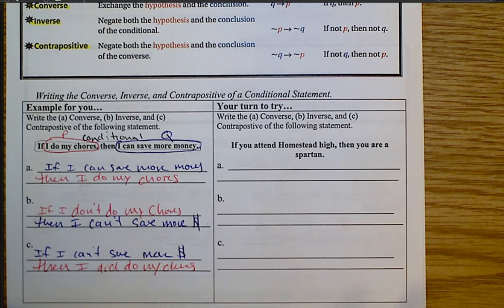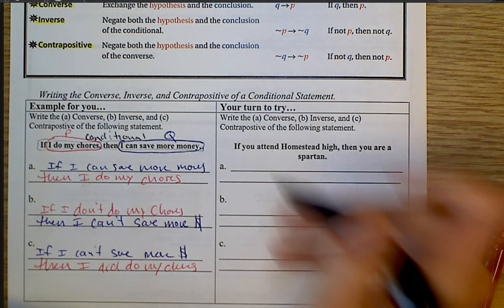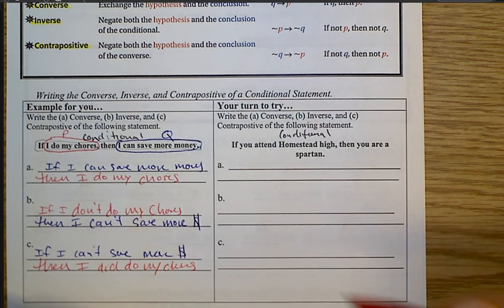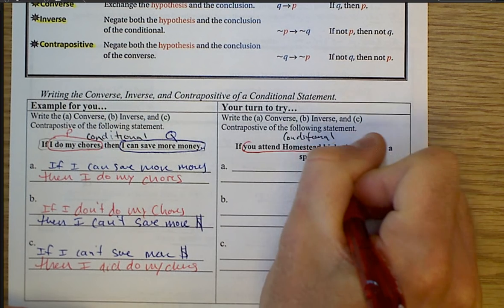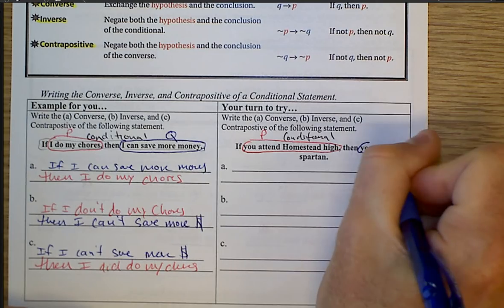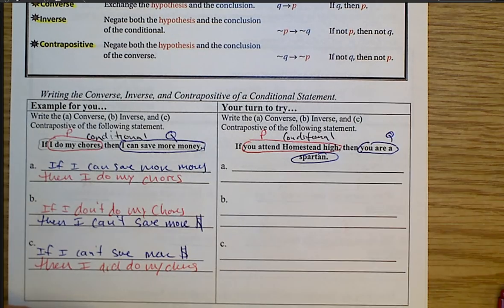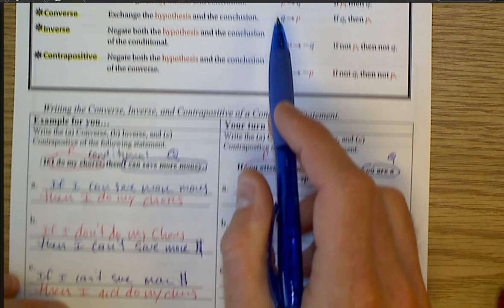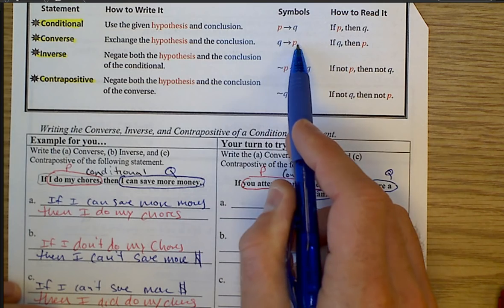So here's your conditional statement. Conditional. I'm going to identify my hypothesis. There's my P. Here's my Q. And now I'm going to write the following statements. First one, converse. I'm switching my Q and my P. So here we go.